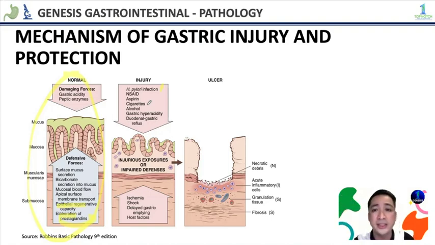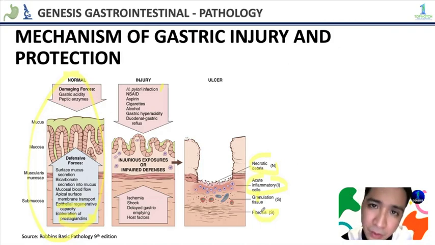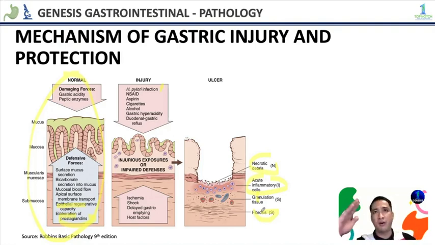Gastric hyperacidity, for example, in cases of Zollinger-Ellison syndrome, wherein there is gastrinoma, excessive hydrochloric acid production, and duodenogastric reflux. Do not forget that it can lead to necrosis, presence of your pro-inflammatory mediators, granulation, and of course, scarring leading to fibrosis. All right, so in a nutshell, that picture explains the pathophysiology of gastritis.